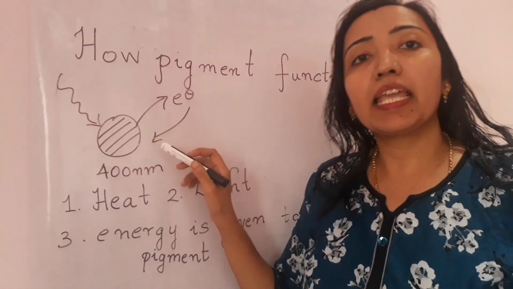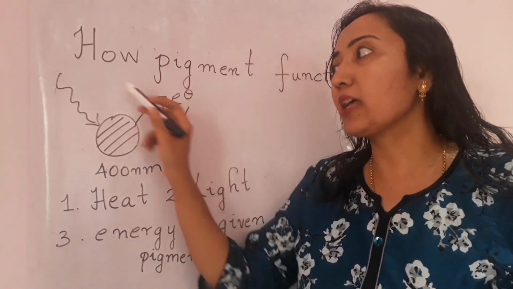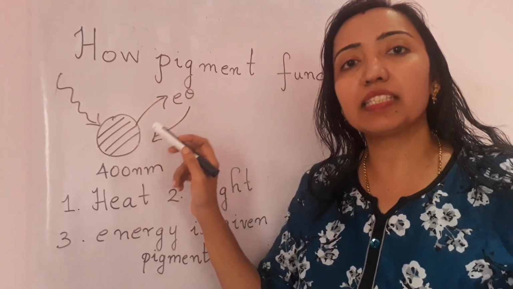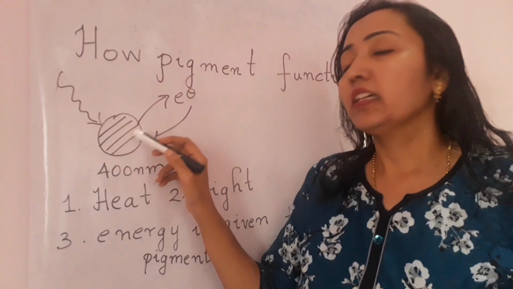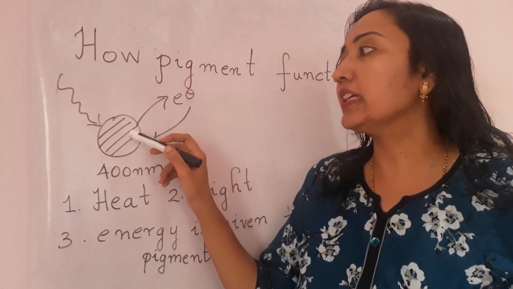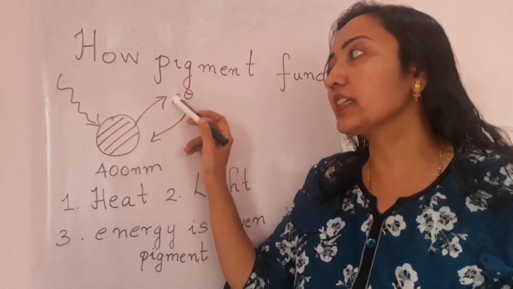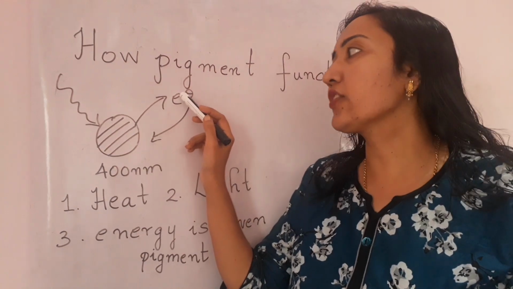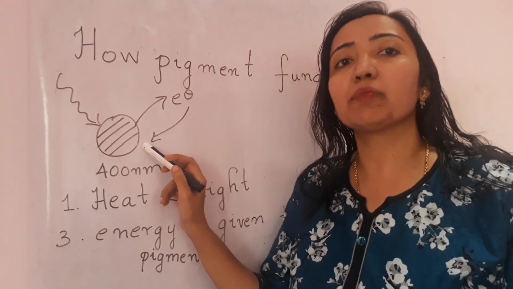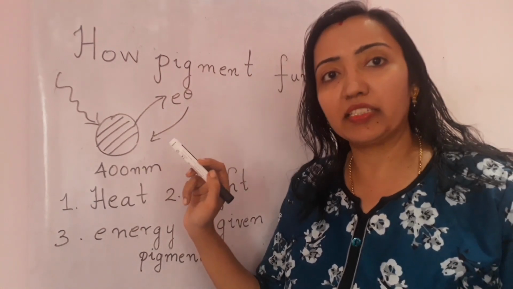A pigment is any chemical compound that absorbs sunlight at fixed wavelength, and due to this an electron gets excited, and the electron releases energy when it comes back to its ground state.